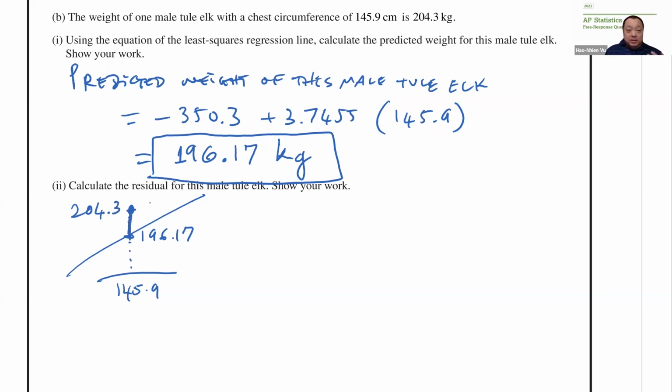And the residual is that length. The residual, you take these two numbers and just subtract them. Well, some of you may have trouble remembering which one subtracts which one. Is it 204 minus 196 and end up with a positive number? Or is it 196 minus 204 and end up with a negative number?